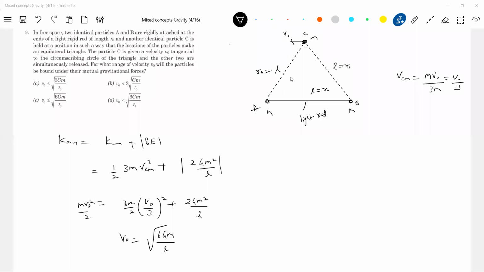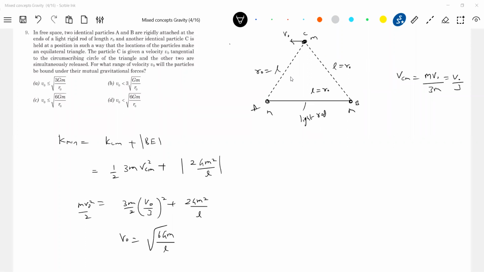What is the basic necessary condition we should follow here? Should get bound, should not get bound. So there's a minimum kinetic energy, a minimum speed we can put. If the speed is greater than this, they'll not get bound. If the speed is less than or equal to, they'll get bound here. So shall we take less than or equal to, or less than?